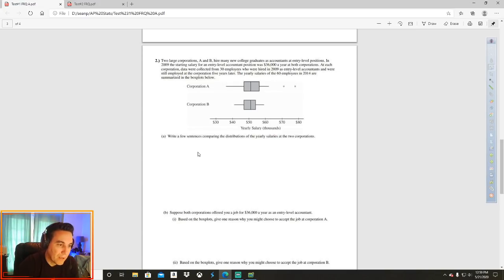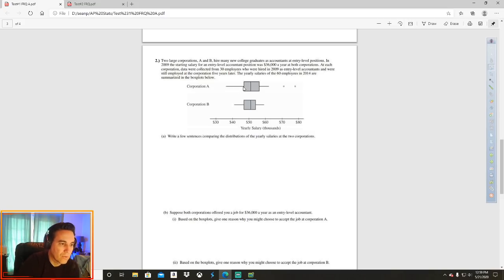Now I should compare the spreads. Well, let's see. Corporation A looks like it's a little more spread out. It goes from like 35,000 to maybe like 78,000. And Corporation B goes from about 41,000 to 60,000, right? So Corporation B has a much smaller spread range than Corporation A. So the range, I would have done range again because range is easy. Could you have done IQR?